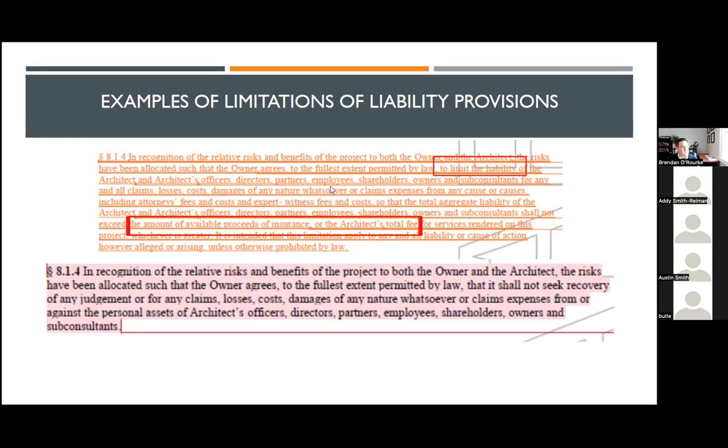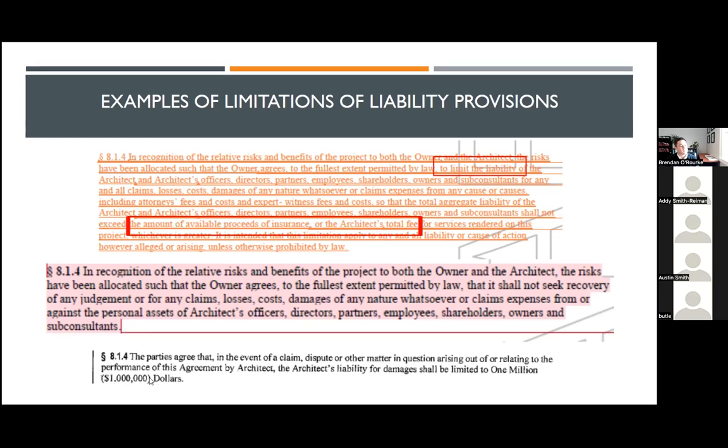Another example of a limitation of liability is setting a dollar amount on the limit. We had a claim where this was a provision in the contract. There was a limitation of liability for, again, $1 million, and the value of the insurance policy was $1 million. When a claim is made and you have a $1 million policy and it goes into litigation, design professionals have eroding insurance policies.